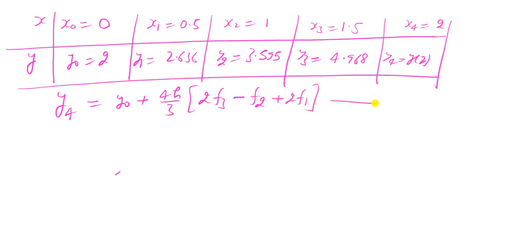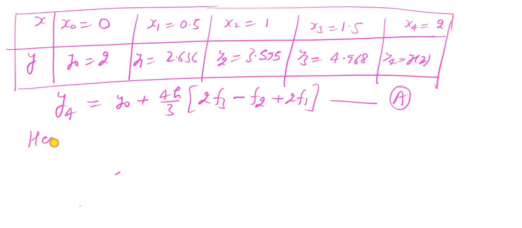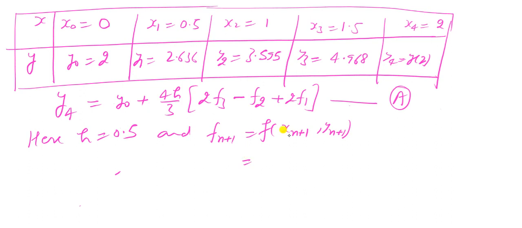Say this is equation A. Here according to the given tabular data, h is equal to 0.5, that is the step size, and f(n+1) is equal to f of x(n+1) comma y(n+1). So f of x, y is equal to (x plus y) upon 2. So this is 1 upon 2 times x(n+1) plus y(n+1). This is f(n+1).